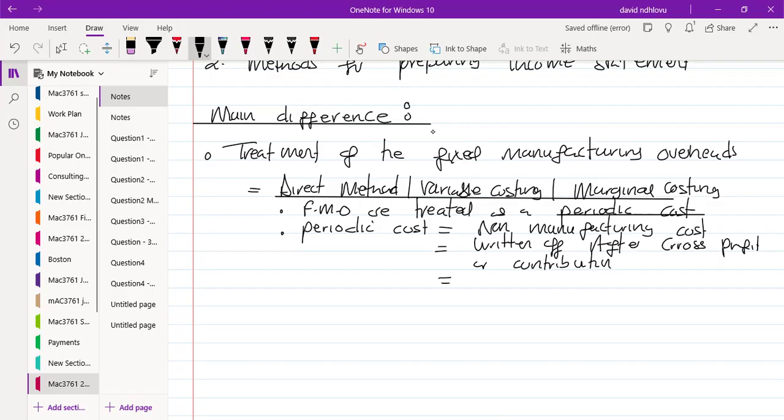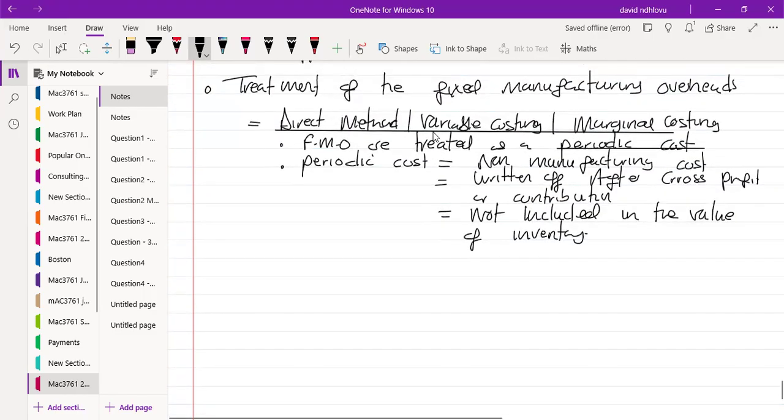Which means we only take care of this in an income statement after we already have either the gross profit or the contribution. This is not included in the value of inventory. That's a periodic cost. So this is how we treat the fixed manufacturing cost under the direct method.